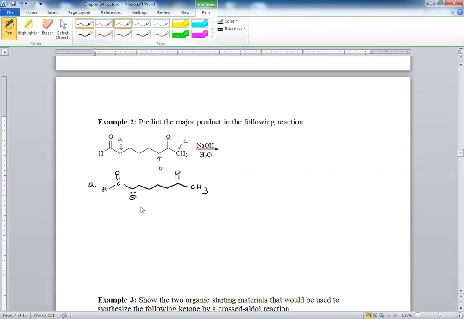So here's the enolate. Tag the carbonyl carbon, the electrophile.